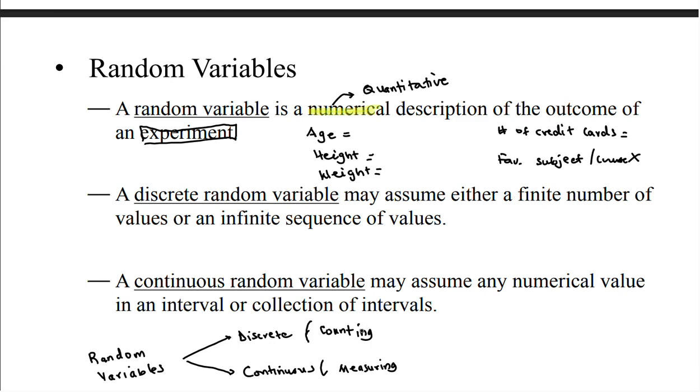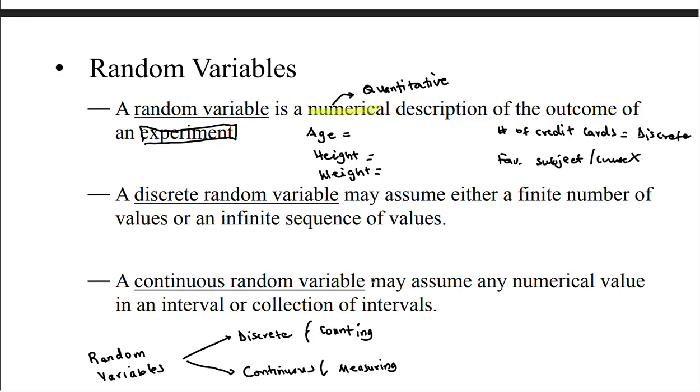And that's why we obtain them by counting. Number of credit cards is an example of a discrete random variable. Why? If I ask you to tell me how many credit cards you have, you're actually going to open your wallet and count the number of credit cards you have in there. When I ask you to give me age, you give me whole numbers like 1 year, 2 years, 3 years, 50 years. So those are considered to be discrete random variables.